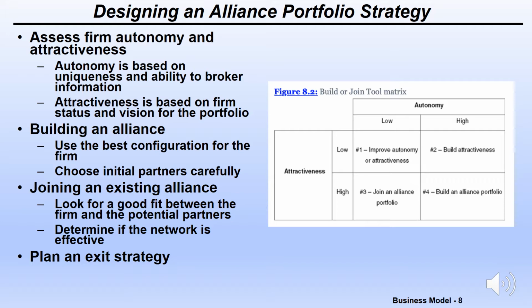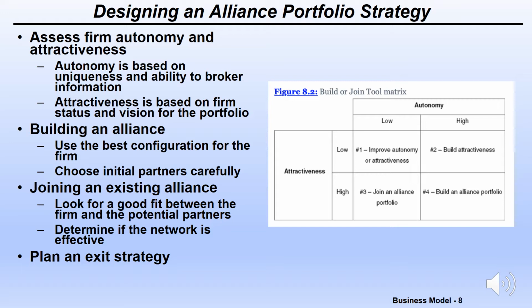And then joining an existing alliance, if that's going to be the route that the firm needs to take, then it's important to make sure that you look for a good fit between the different firms and the alliance as a whole. So what is the alliance doing? Does it make sense for my company to join the alliance? And then also, do the companies within the alliance work well together?